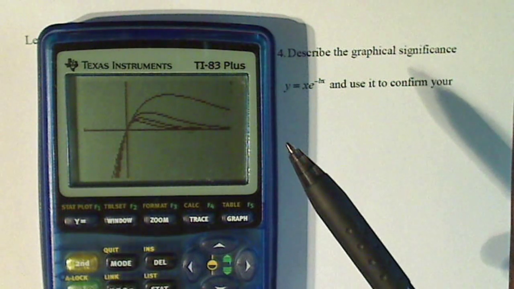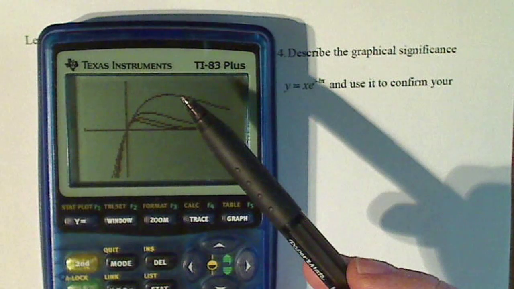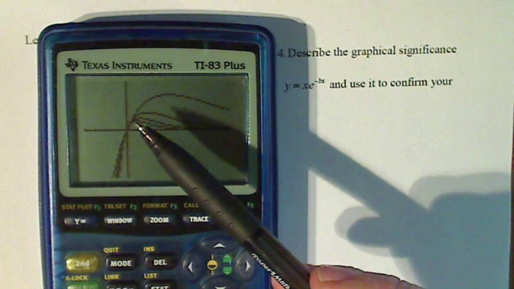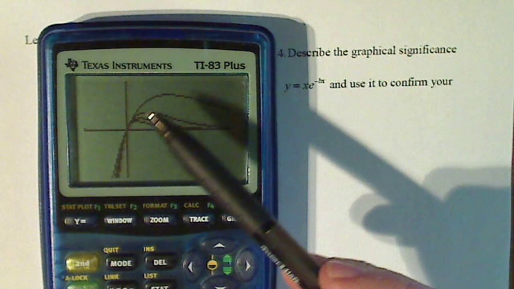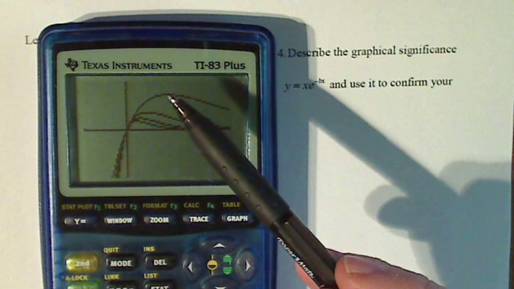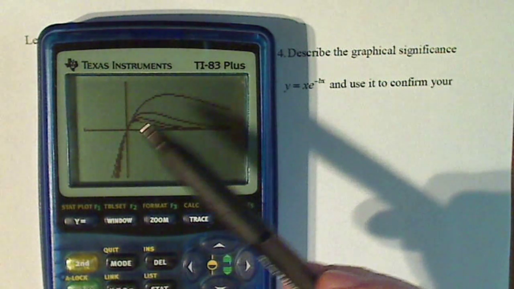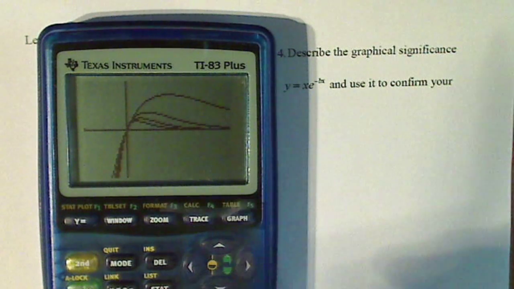All right. Now it says describe the graphical significance of b. I would say b shrinks the graph, probably both vertically and horizontally. If I think about this hill right here, that hill is moving more towards the origin. So as b grows, the place where that hill is goes towards 0.